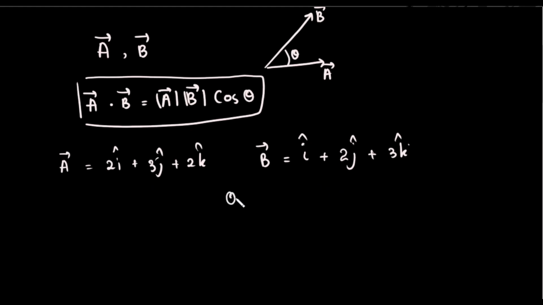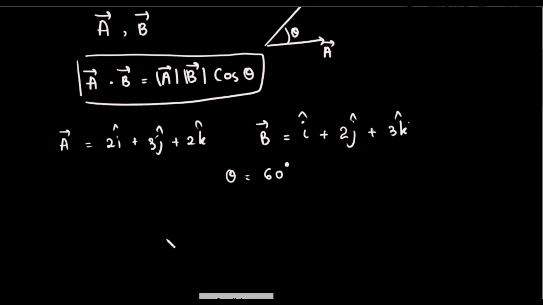Let's say the angle between these two vectors is theta equals 60 degrees. So we are going to find A dot B, the scalar product between these two vectors.